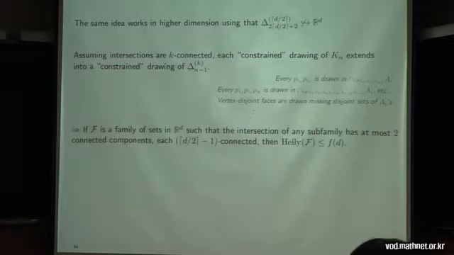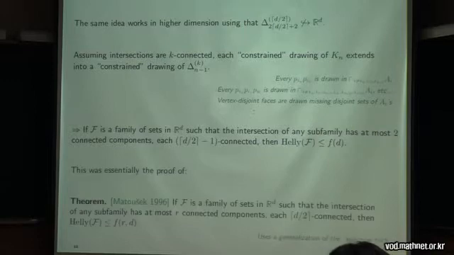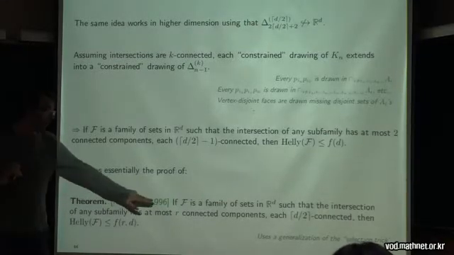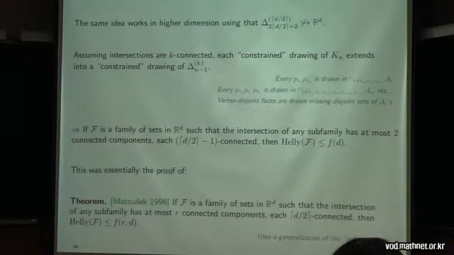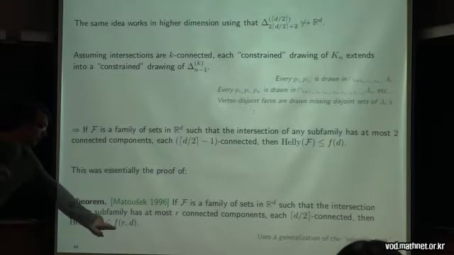So in particular, what you get is this result of Matoušek. This is his proof. If you have a family of sets such that the intersection of every subfamily has at most R connected components, a bounded number, and each is D over 2 connected, then the Helly number is bounded by some function.